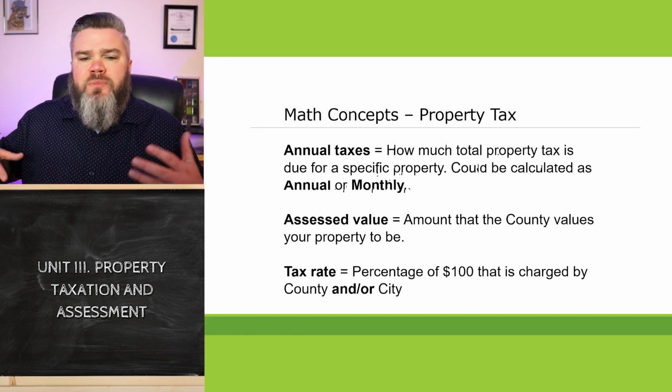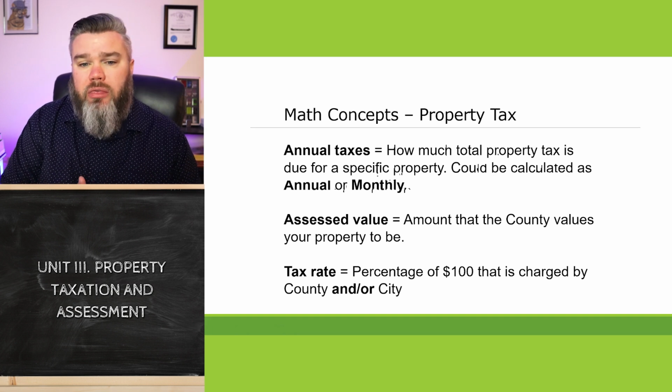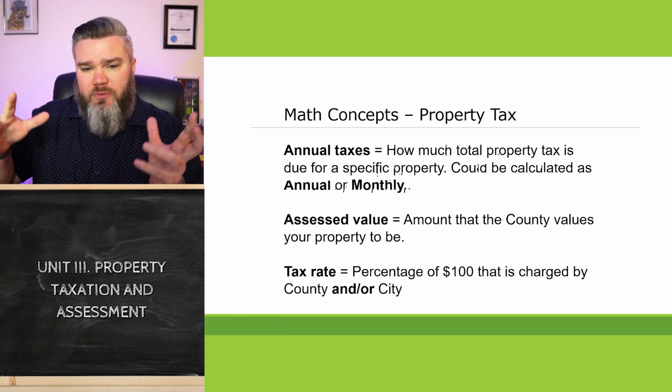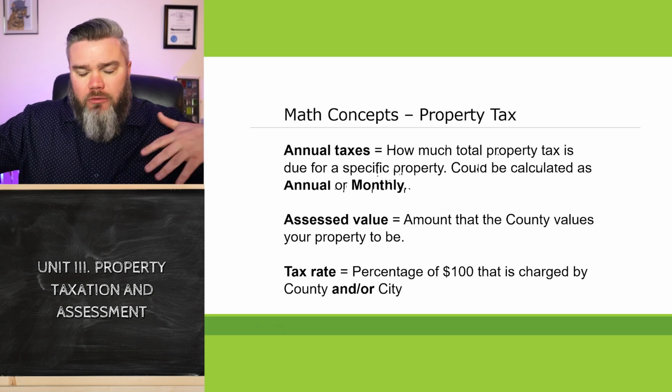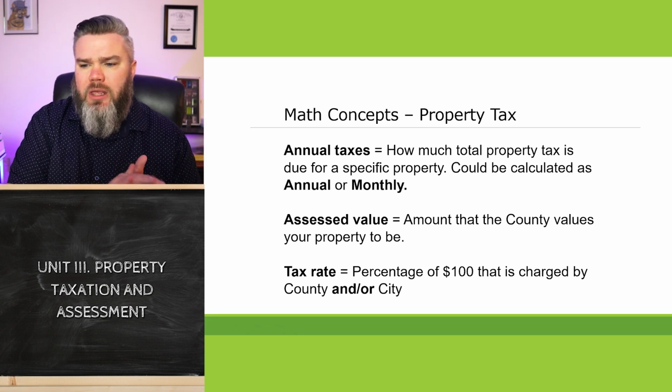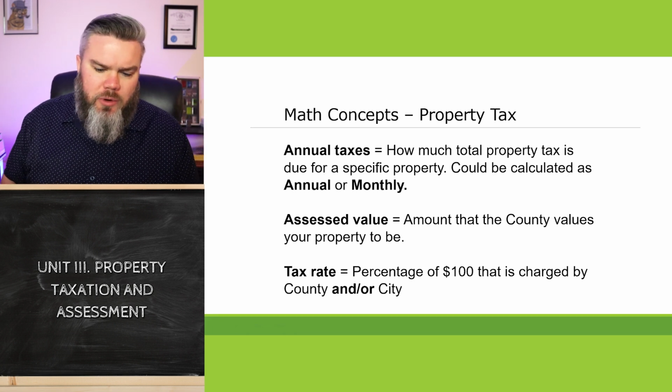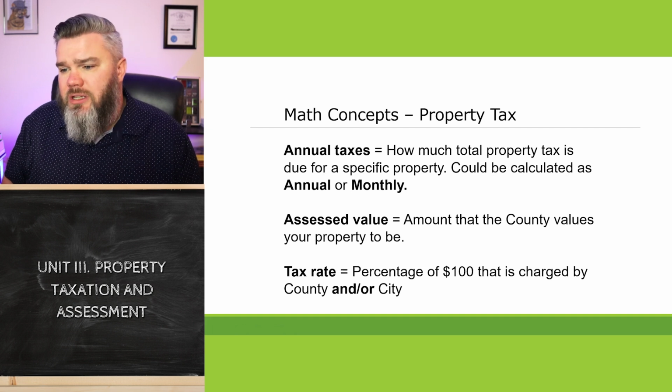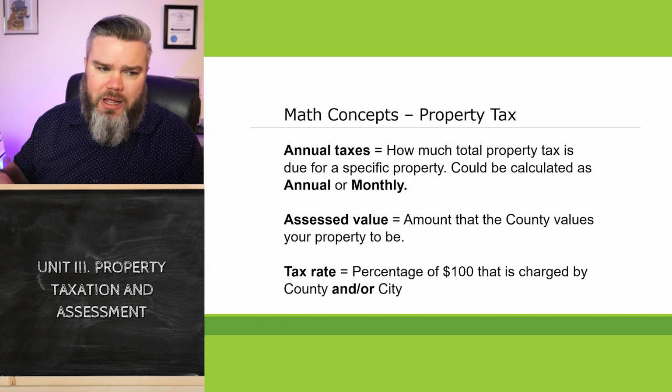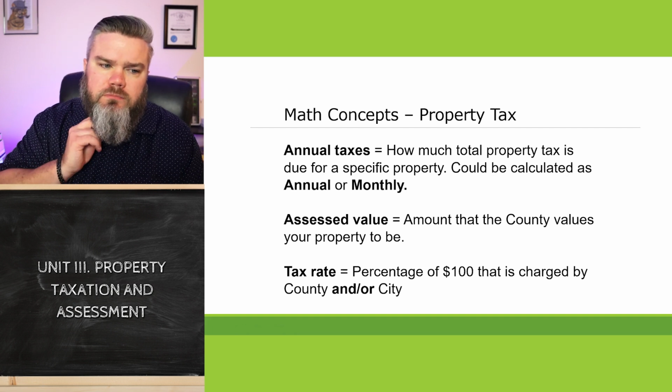So it could be a question of how much would you owe per month? You'd figure out the annual tax bill and divide it by 12, the number of months in a year. And of course, we said in North Carolina, we base the tax bill on 100% of the assessed value, and we utilize the tax rate.